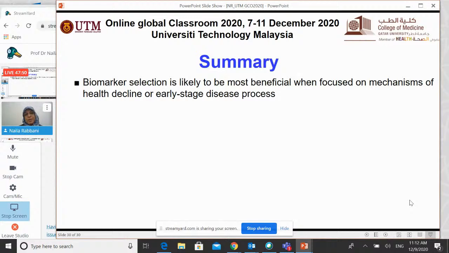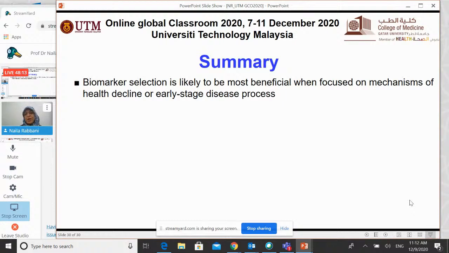So to summarize, biomarker selection is likely to be most beneficial when focused on the mechanism of health decline or early stage disease process, because proteins are the machinery of life, and damage to the protein is the closest to the phenotype of the disease.